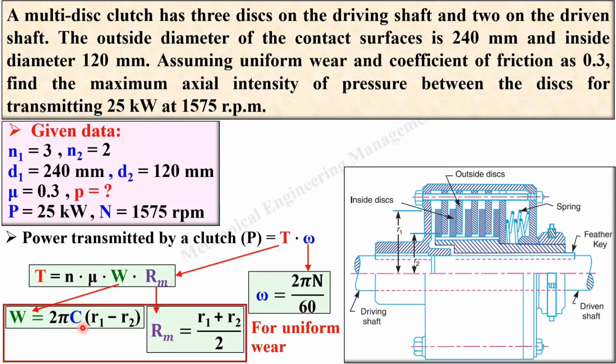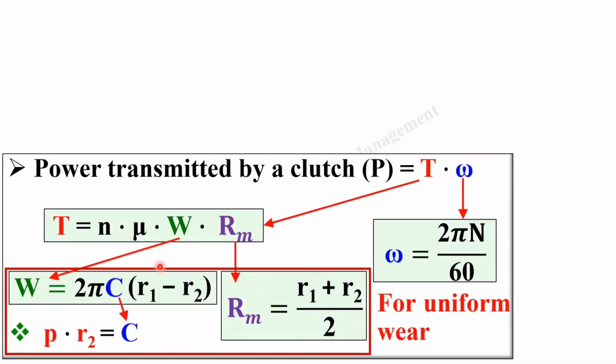Now here, this C is the unknown parameter, because it is not given to you. But you know that for the uniform wear theory, p into r is equal to constant. You have to remember, if uniform wear theory is given, then definitely you can say p into r is equal to constant. So now based on this planning, I can solve the problem.